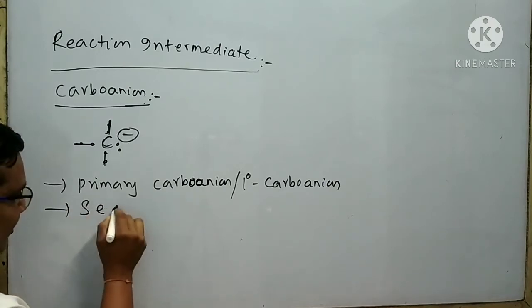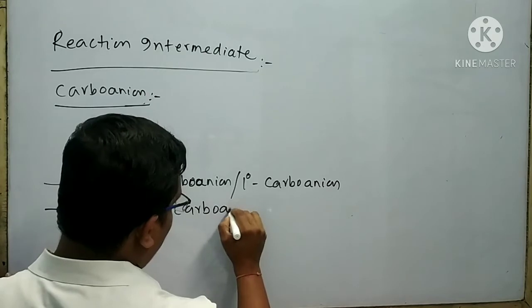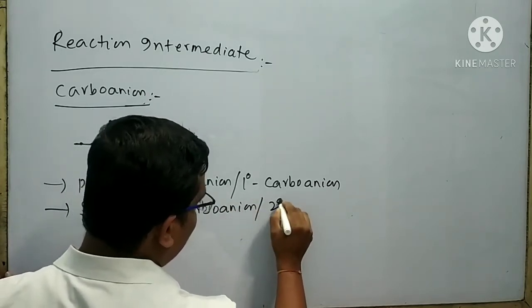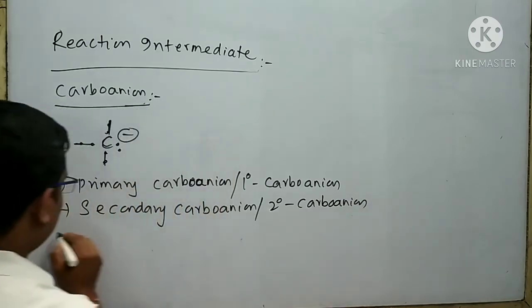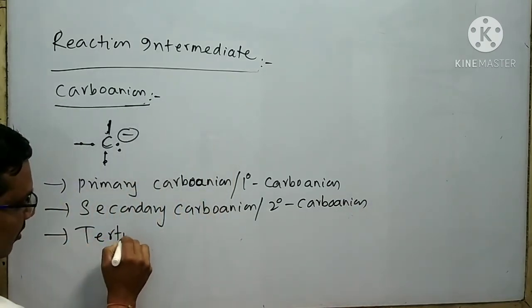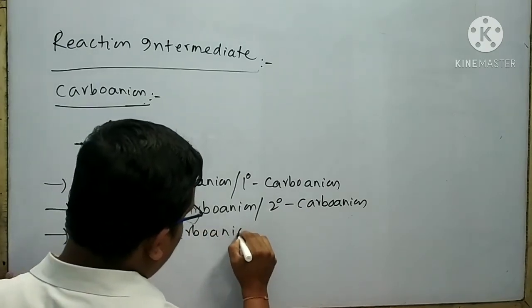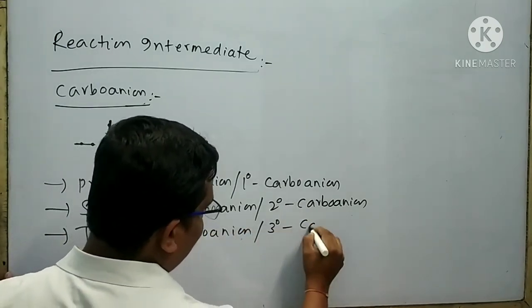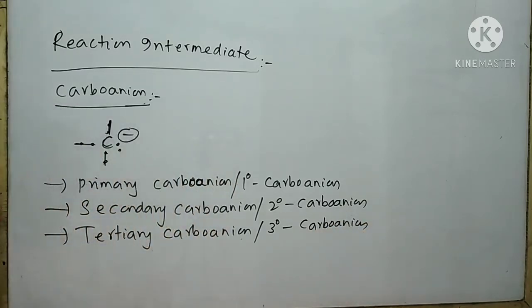Second is secondary carbanion, also called 2 degree carbanion. Third is tertiary carbanion, also called 3 degree carbanion. We already discussed the stability of different carbanions in the application of inductive effect.